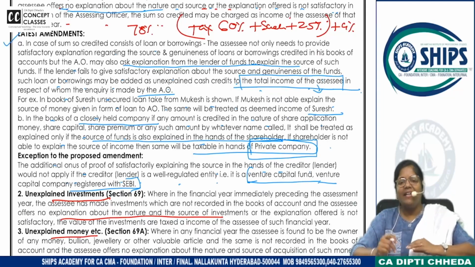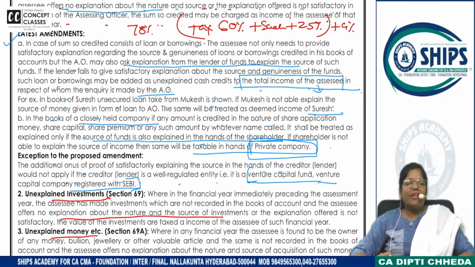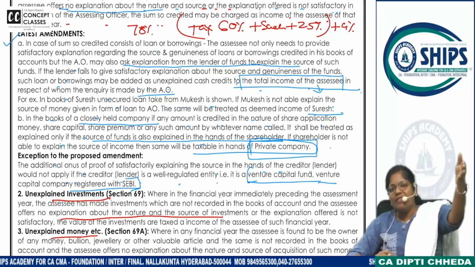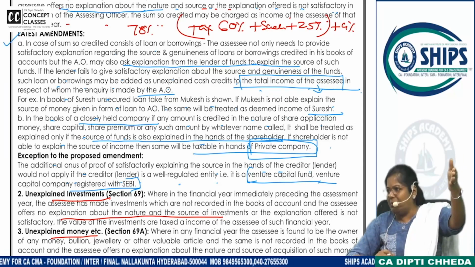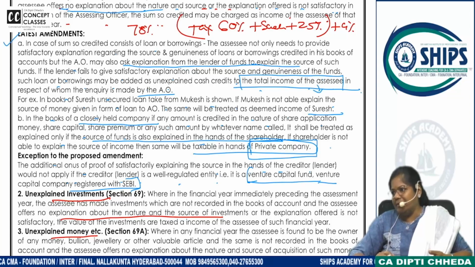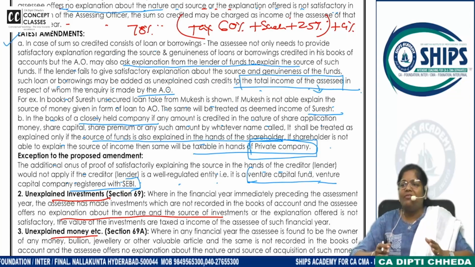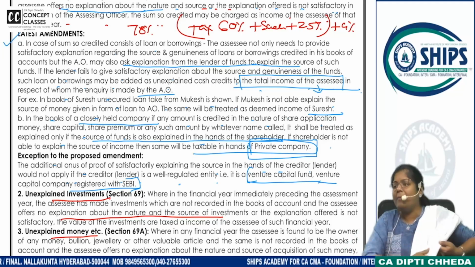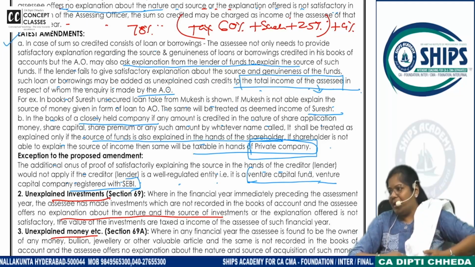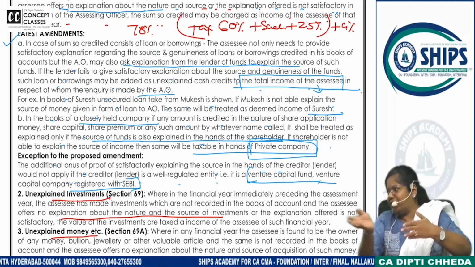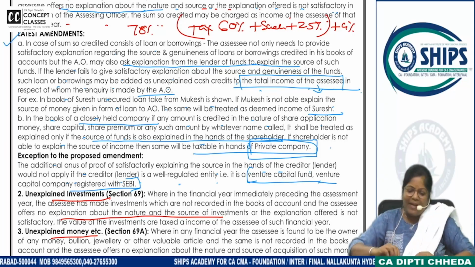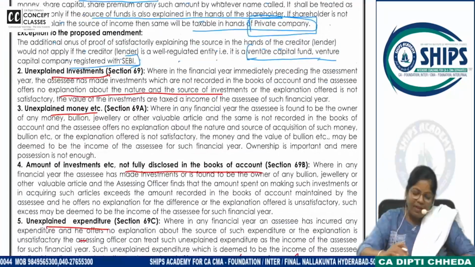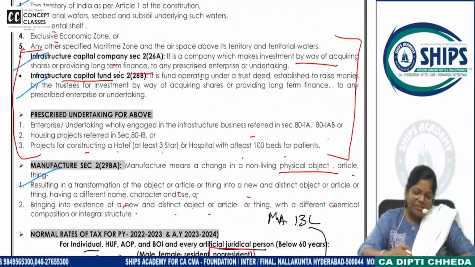Instead of fake entries, if you have taken a loan, then the other person should explain from where he got the loan money. If not, it will be added to my income. In a private company, someone buying shares or putting application money should be able to explain कि पैसे कहाँ से आए. If not, that will be added to the income of the private company. So all this discussion is over.